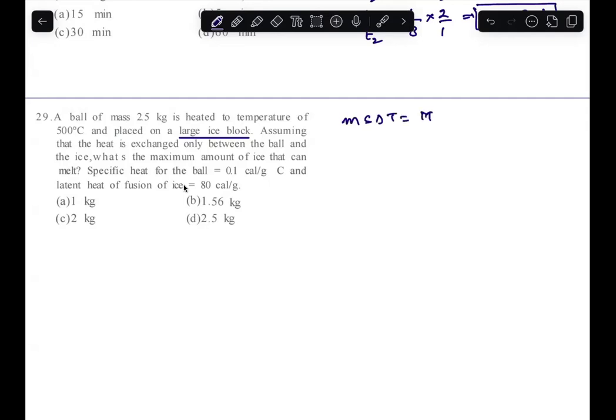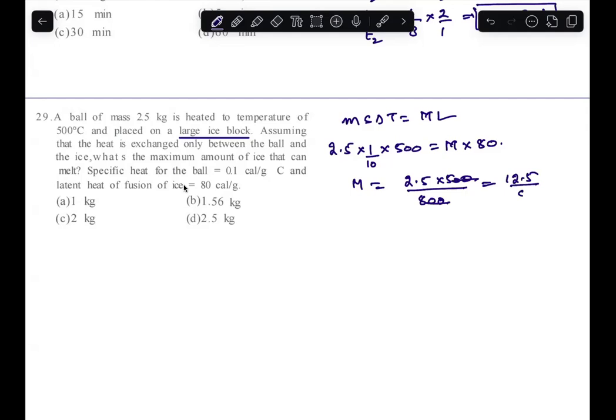That's all. So 2.5, here no issue. Specific heat 1 unit, temperature loss 500, mass, and this is 80. So finally, M is 2.5 into 500 by 80. A specific heat of the ball 0.1 means 1 by 10. 8,000. 800. 100 gone. 5, 2.5 is 12.5 by 8.